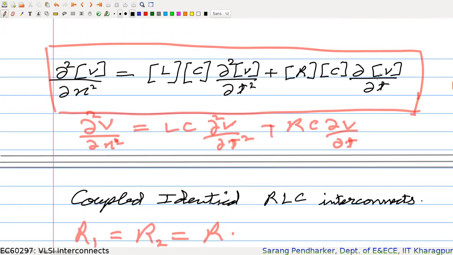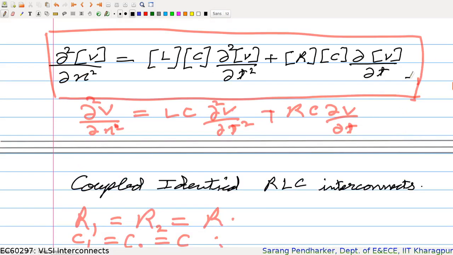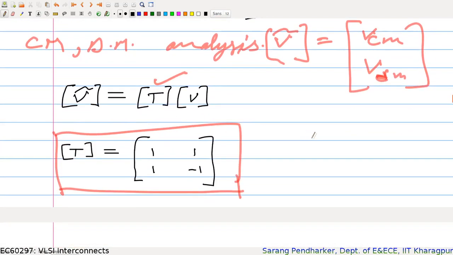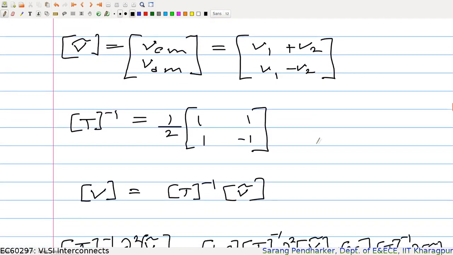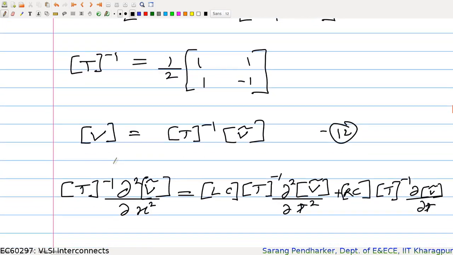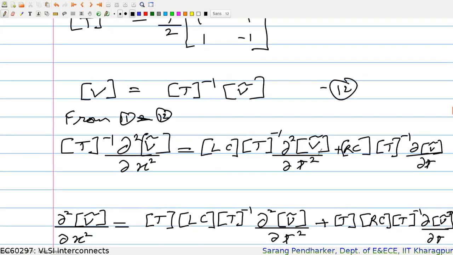Now if I just substitute this V in equation 10, which I call 11, and then let me call this 12, substituting from 11 and 12 here, I will get something like this.